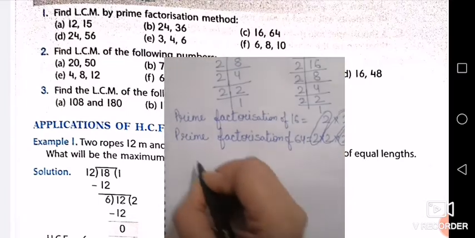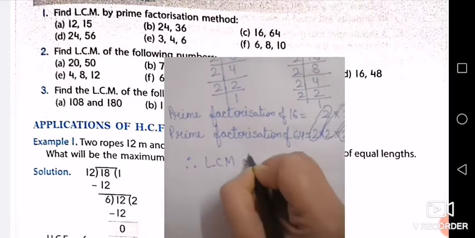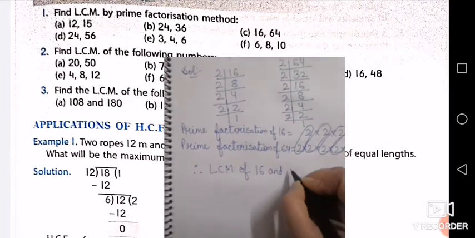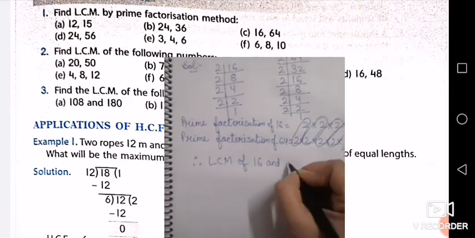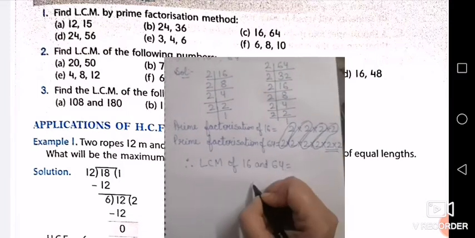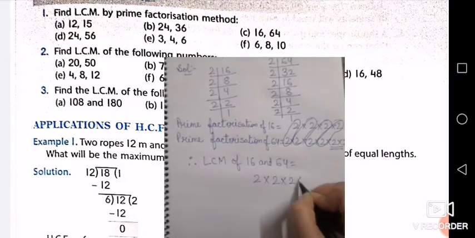Now come to writing the LCM of both the numbers. LCM of 16 and 64 is 2 multiply by 2 multiply by 2 multiply by 2.